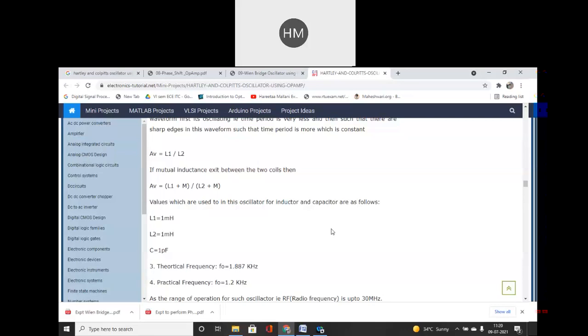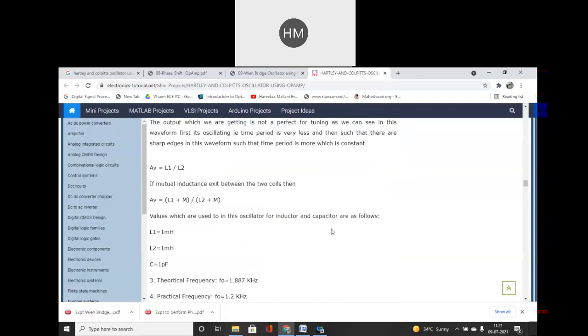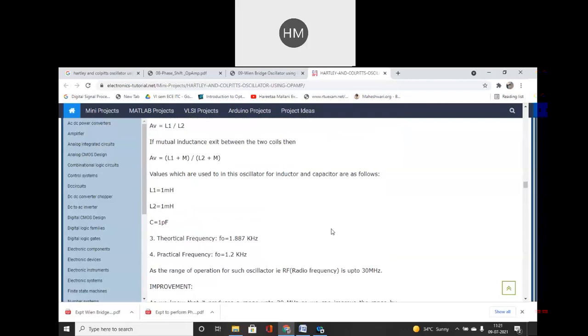See, these oscillators are known as RF oscillators. In the radio frequency range, the Hartley and Colpitts oscillators will work. In the audio frequency range, your RC phase shift and Wien bridge oscillators will work. So here you can generate a very high frequency, up to 30 megahertz, because these circuits work in the radio frequency range.